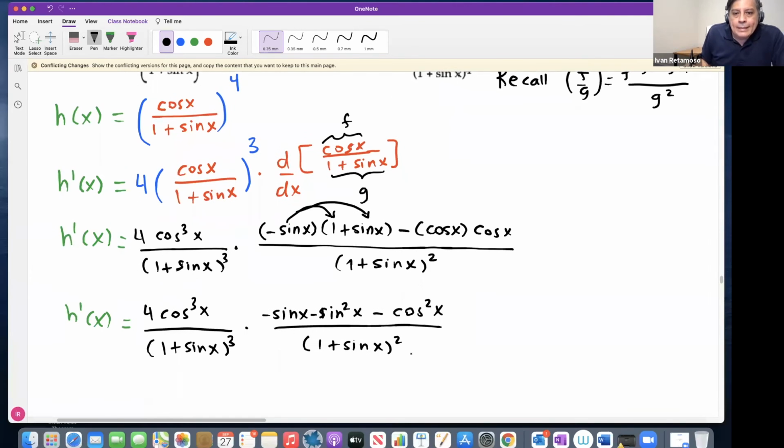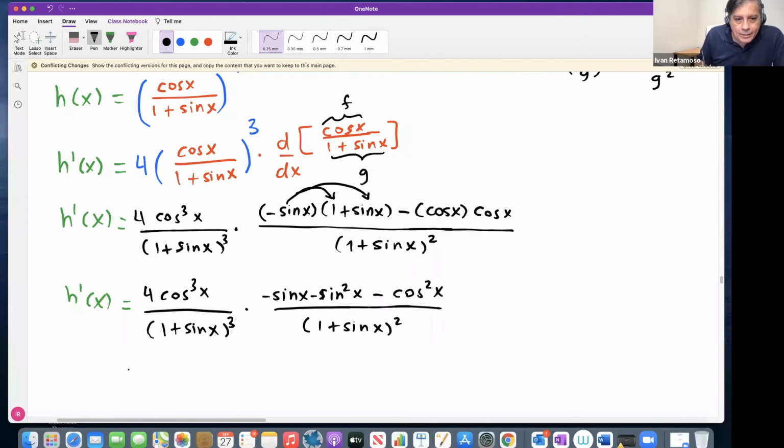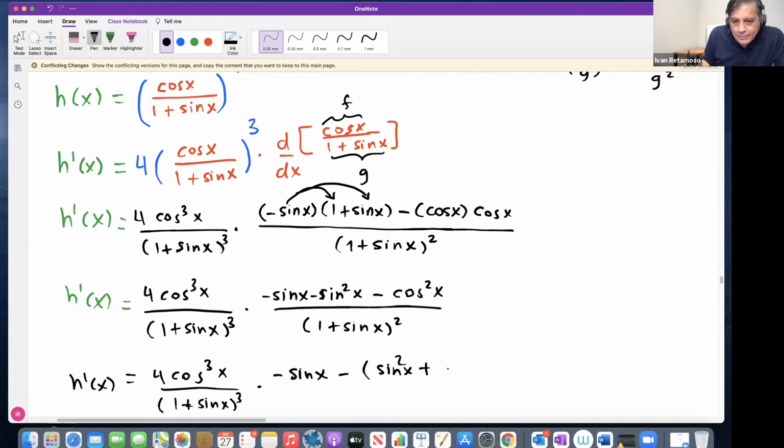Now, anyone could tell me what is this guy? Let's write it here. 4 cosine cube of x, 1 plus sine of x cubed right here. This guy, factor out minus: sine of x squared plus cosine of x squared.